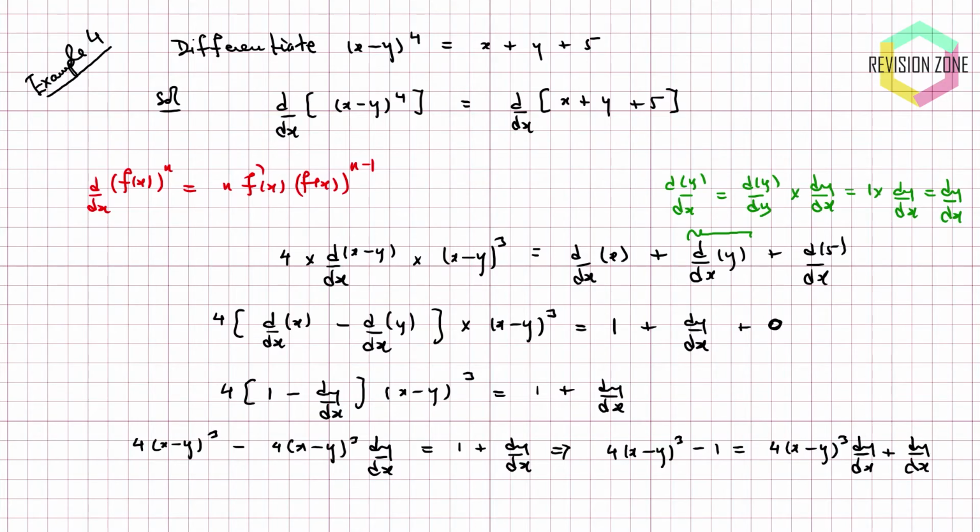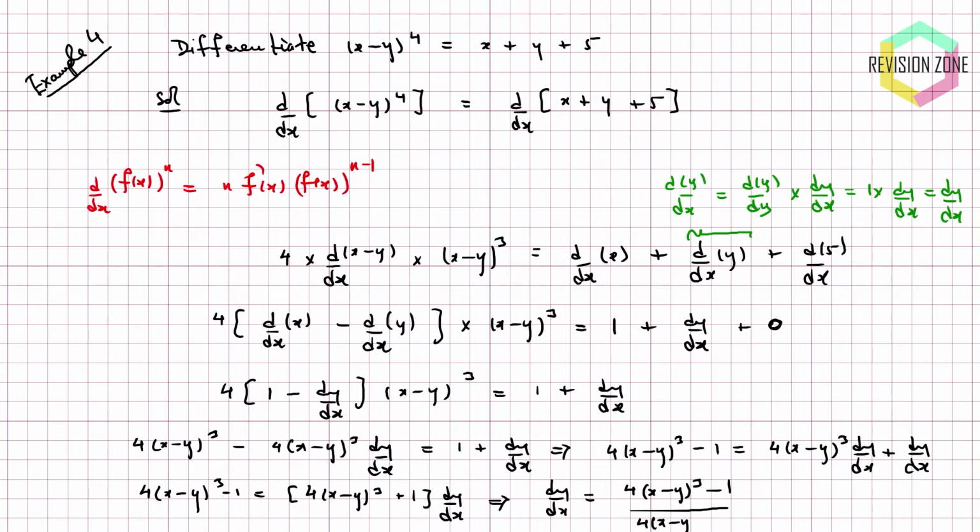On the left, I'll have this take away 1, and then I can factorize out 4(x − y)³ plus 1, times dy/dx. And now we simply divide, and we get our dy/dx in a very clean way. So we've got that, divided by 4(x − y)³ plus 1, and that's our derivative.